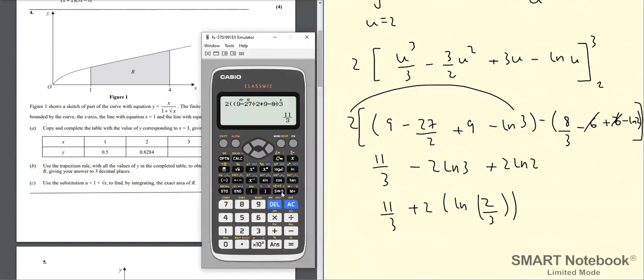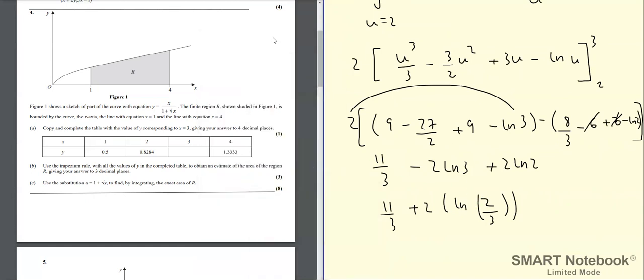So 11 over 3, let's close 2 brackets, plus 2 ln 2 over 3. And so we see that it's actually not too far off. So this gives me confidence I've worked out something correctly, hopefully.